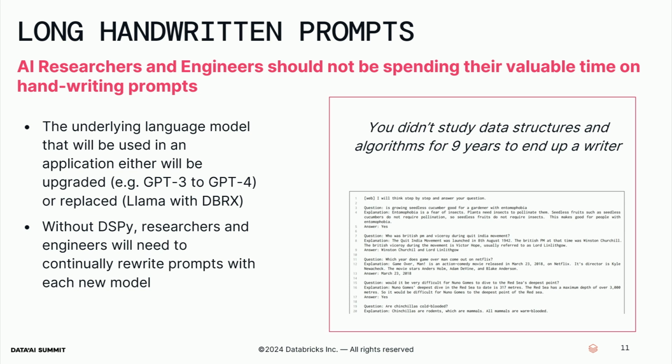So tools like DSPy are essential because they automate prompt adjustments, reducing the time and effort needed for manual updates. Now, this automation not only streamlines development, but also allows researchers to focus their time on critical, innovative tasks in AI development, things that are actually useful to your customers.